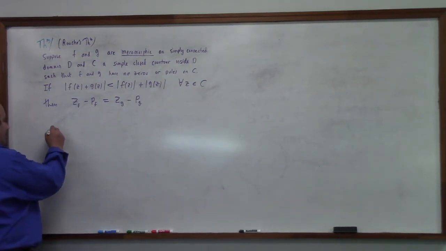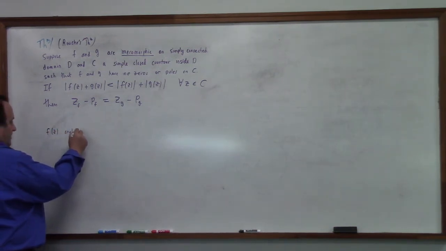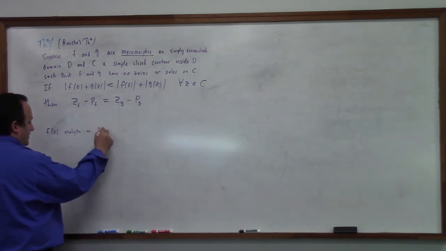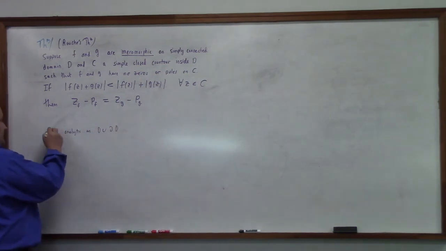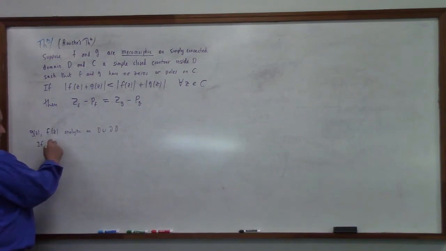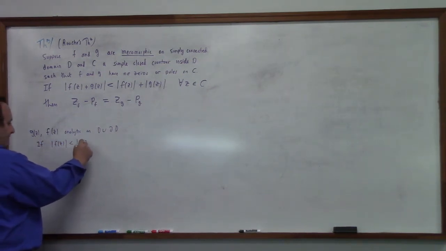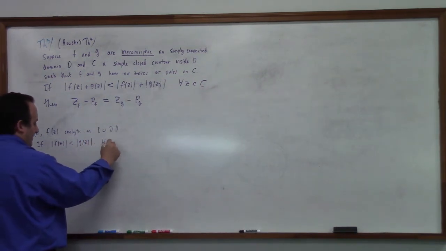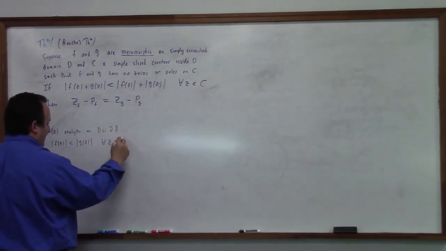Let F of Z be analytic on D union boundary of D. If the modulus of G of Z is less than the modulus of F of Z for Z in the boundary, then F of Z and F of Z plus G of Z have the same number of zeros in D counting multiplicities.